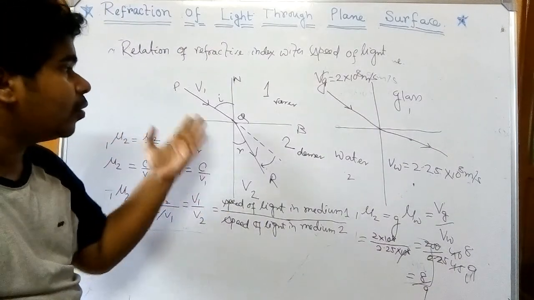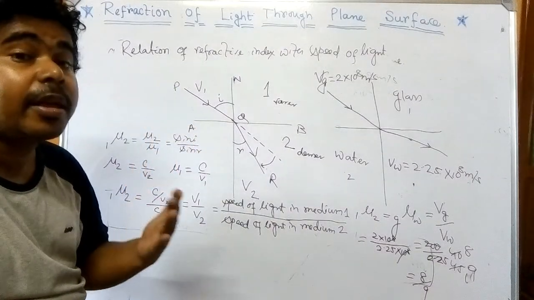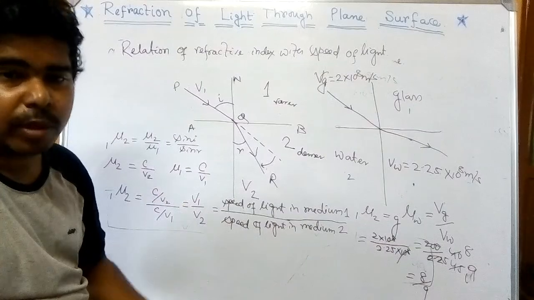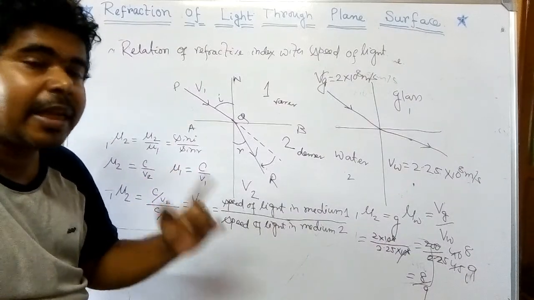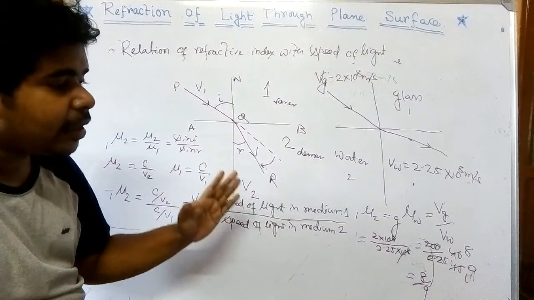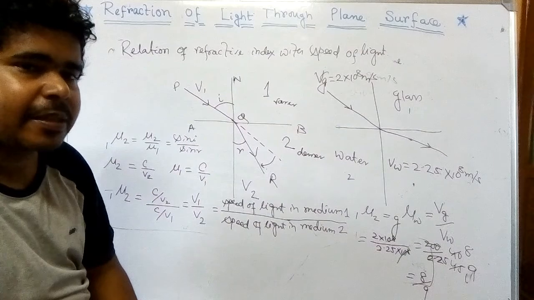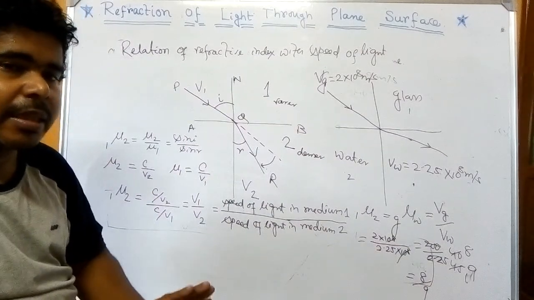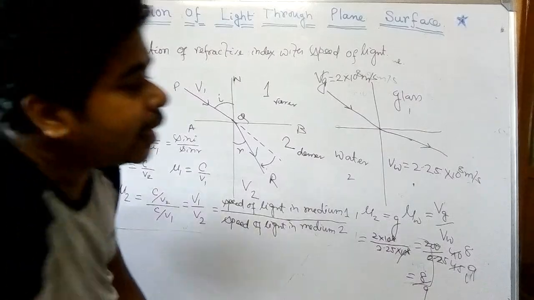And oppositely, when the light comes from rarer to denser, the refractive index will be more than 1. So by that way, we can say that optical density is clearly explained with the help of refractive index.